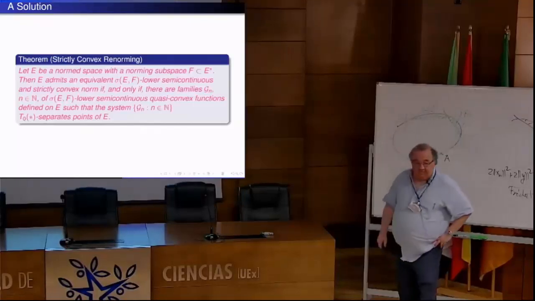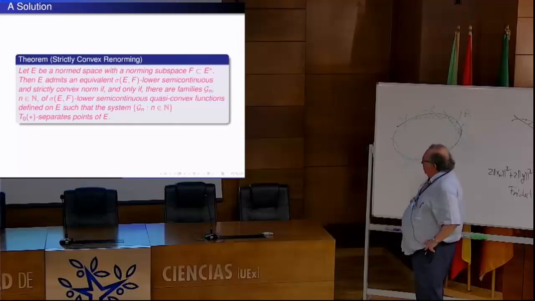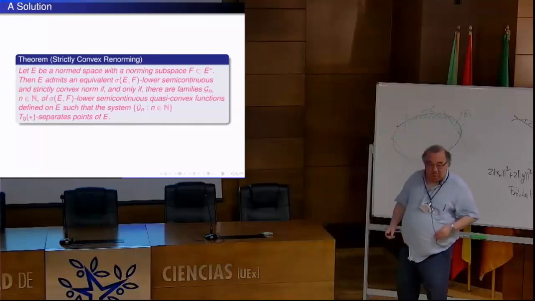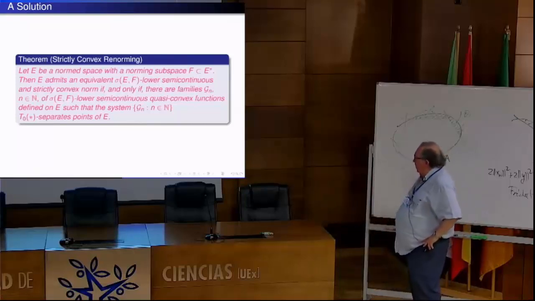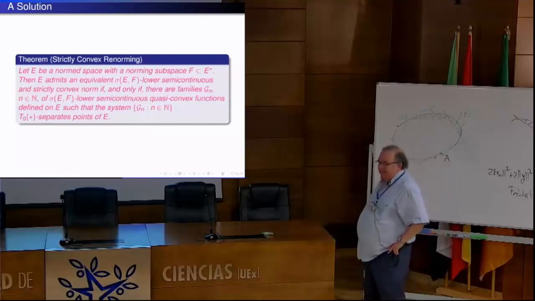Theorem for strictly convex renorming. A normed space, the dual space, admits a lower semi-continuous strictly convex norm if and only if there are families of lower semi-continuous quasi-convex, say convex, it's the same, convex functions defined on S such that the family T0 star separates the points.